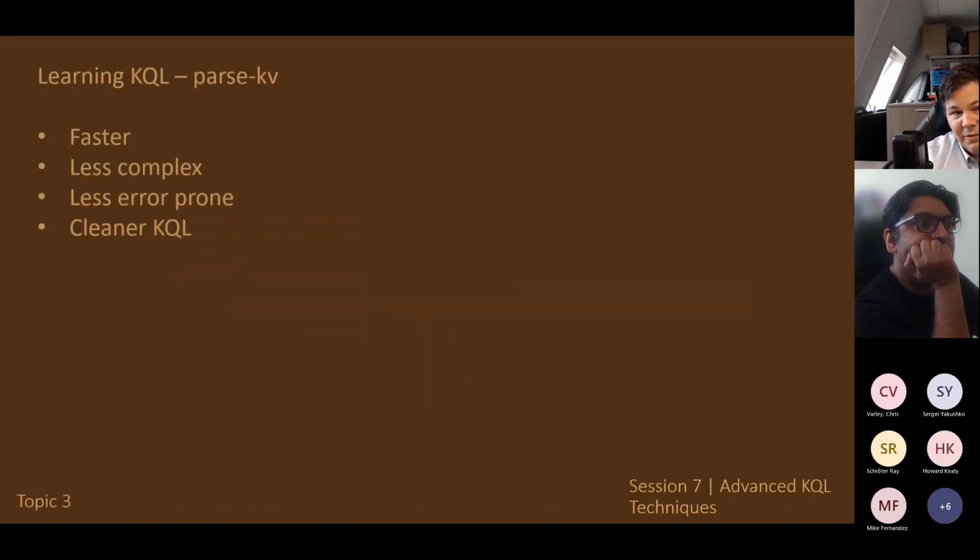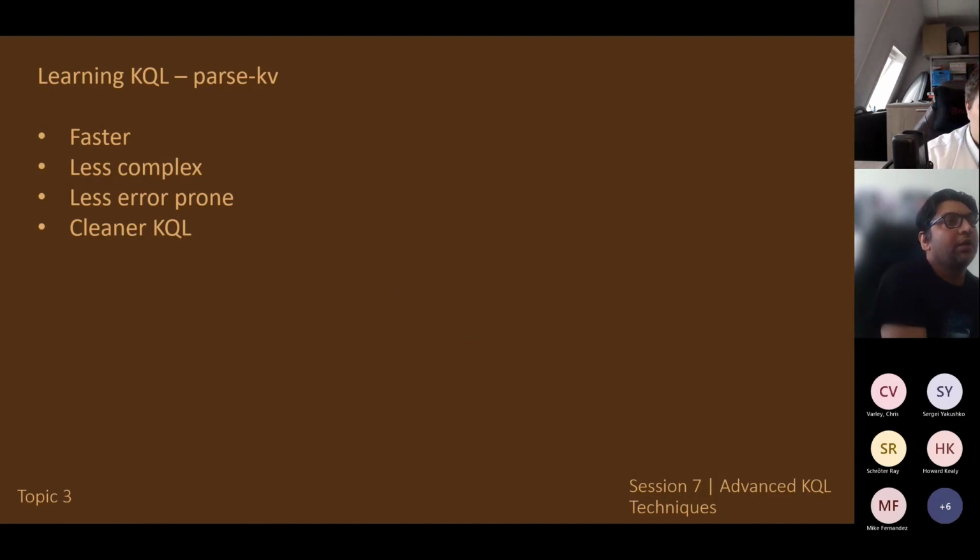And then for this month, over the last couple of weeks, I've been working a lot with parsing data, and one of the parsers, which is quite new, introduced back in June, is parse-kv, for key values. A parse-kv is faster than if you do an extract or a normal parse.